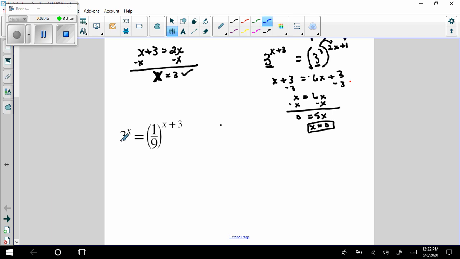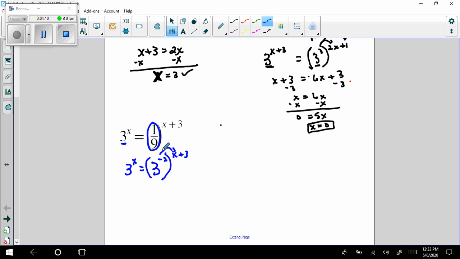Okay, so for this one, I have a 3 and I have a 1/9. So I'm going to change my 1/9 to base 3, which is 3 to the negative 2. So now I have 3 to the negative 2.